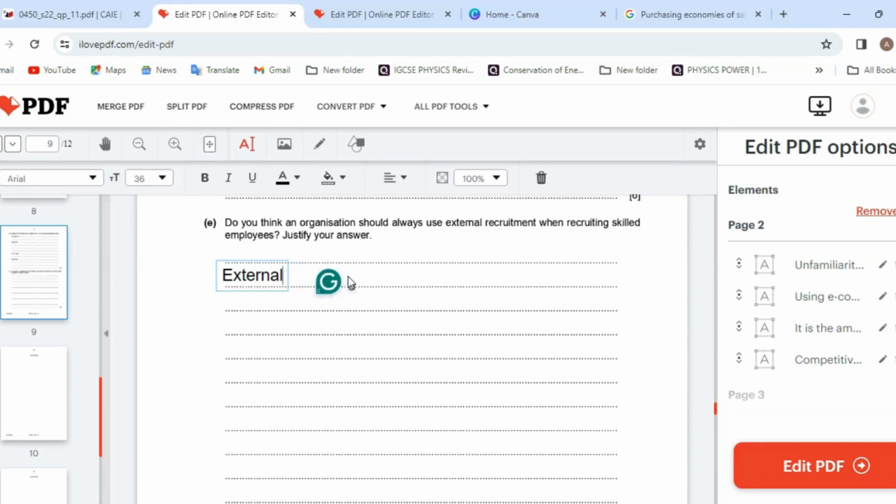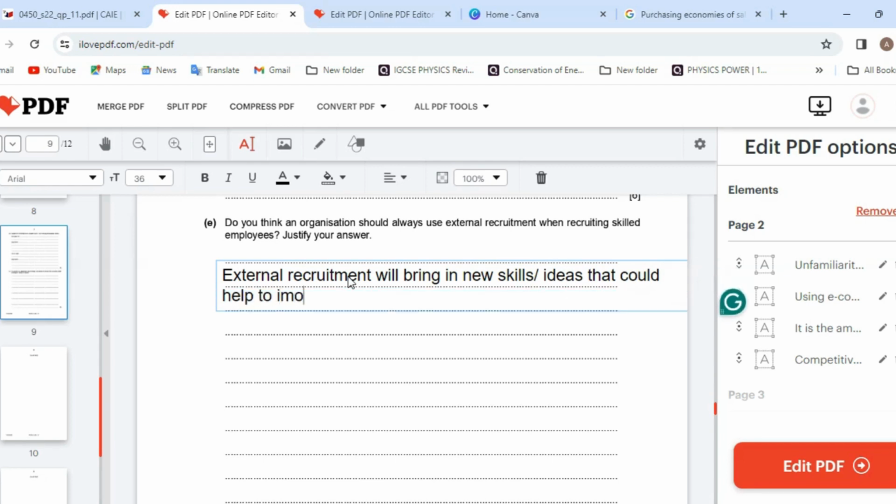External recruitment will bring in new skills or ideas that could help to improve productivity.